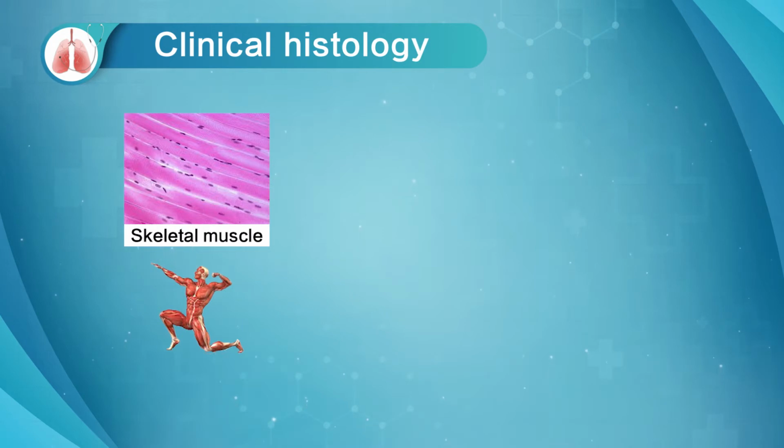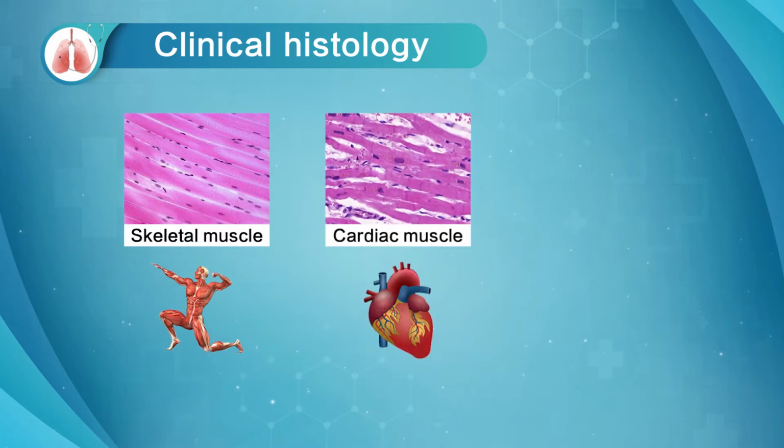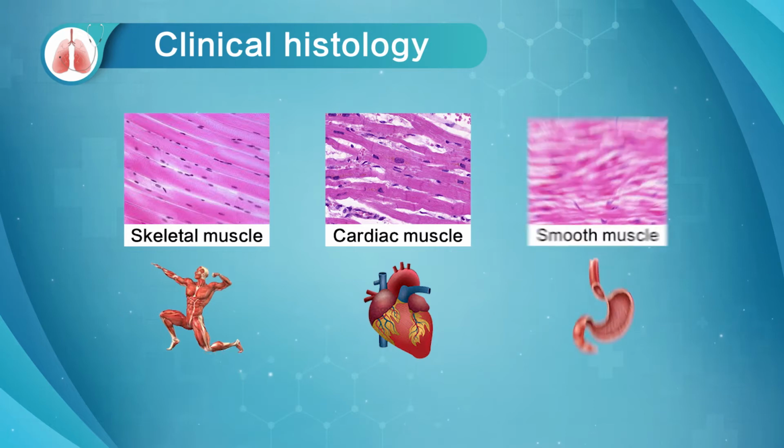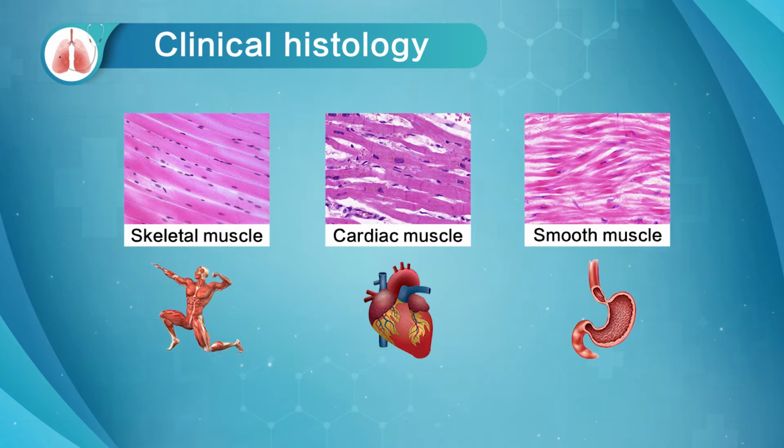Their contraction is quick and usually under voluntary control. Cardiac muscle, mainly found in the heart, is a type of involuntary striated muscle. Smooth muscle is also referred to as involuntary muscle and is concerned with various spontaneous motions, such as the movement of the walls of hollow viscera, walls of blood vessels, and respiratory passages.